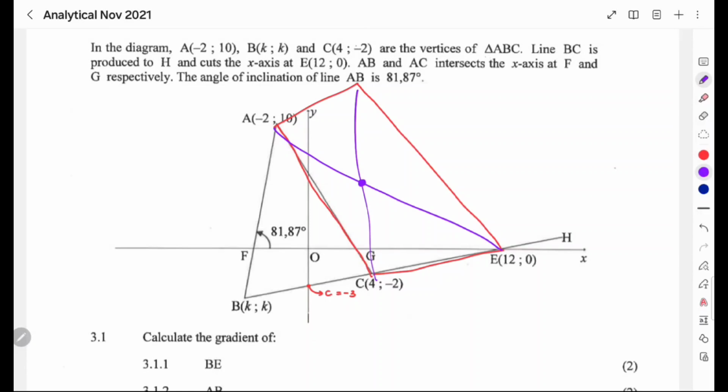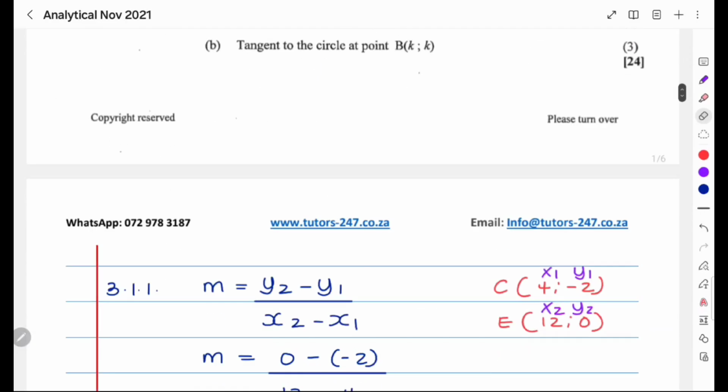So that means that A, let's call this point here M. So AM is equal to ME and SM is equal to MC. That means if we want to find the point of intersection of the two diagonals, we can use the midpoint formula and we can use the coordinates A and E. So let us get started.